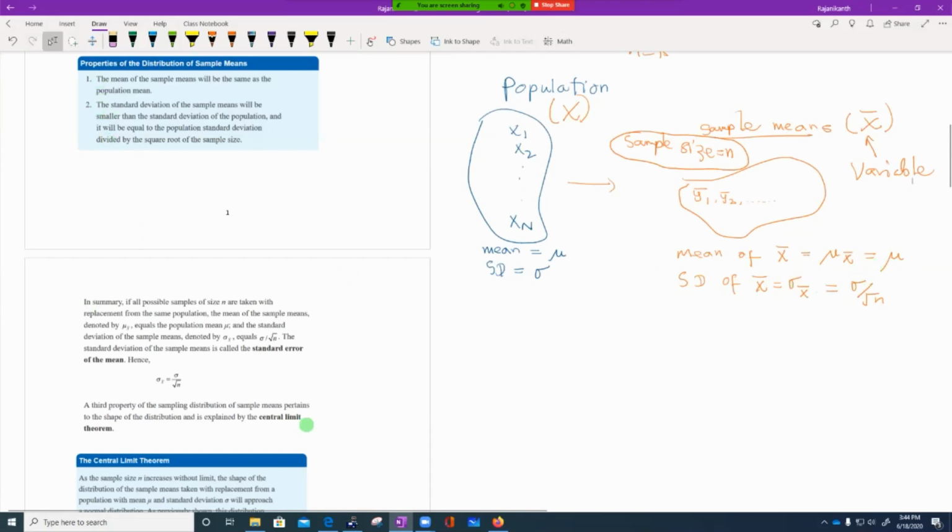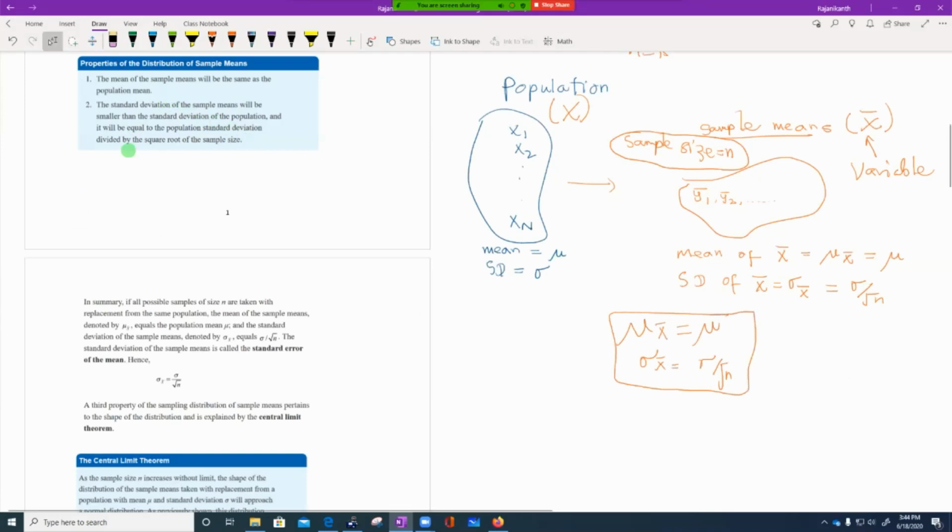That is the one they have explained here. The mean of the sample means will always be the same as the population mean. That means, in summary, mu of x bar is always going to be equal to mu. And the standard deviation of x bar is always going to be sigma over square root n.